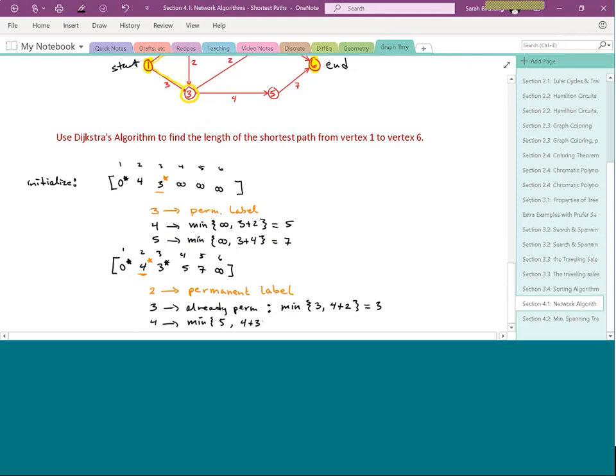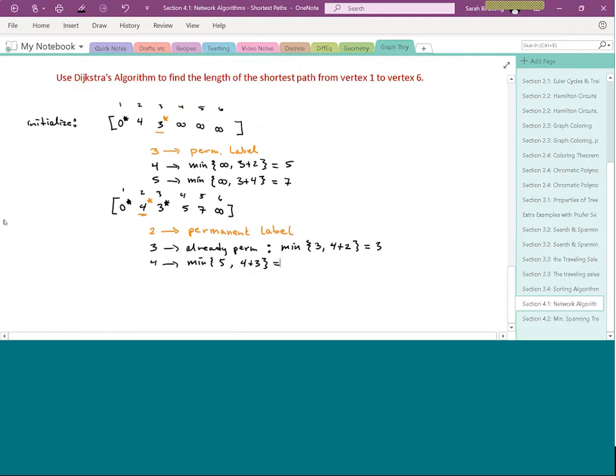Now notice this is the first time, well, it's not really because we did a permanent label on vertex 3 as well. But if we had ignored our permanent label on vertex 3, notice this is one of the times where we have a true comparison of two numbers. We're not actually putting a new label on a vertex we couldn't reach before. We've actually reached this vertex 4 previously a different way, and now we need to compare those two different ways of getting to vertex 4.